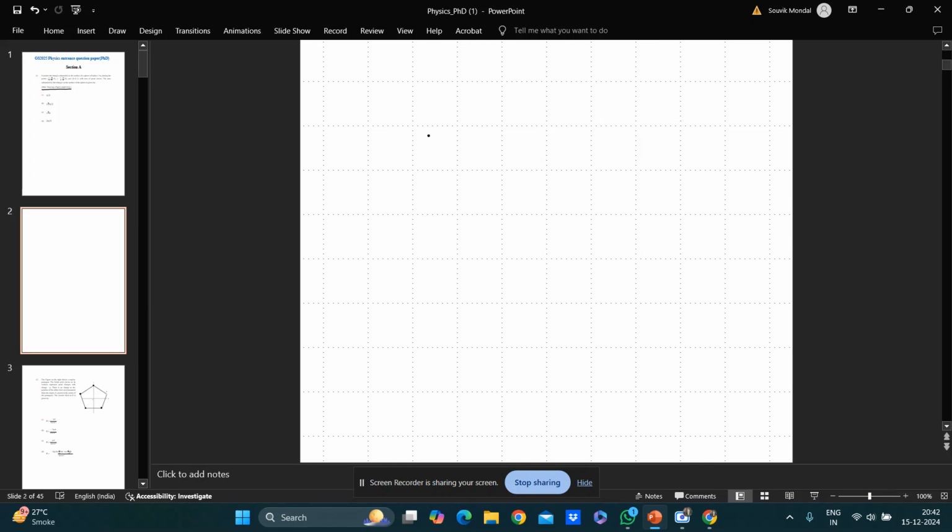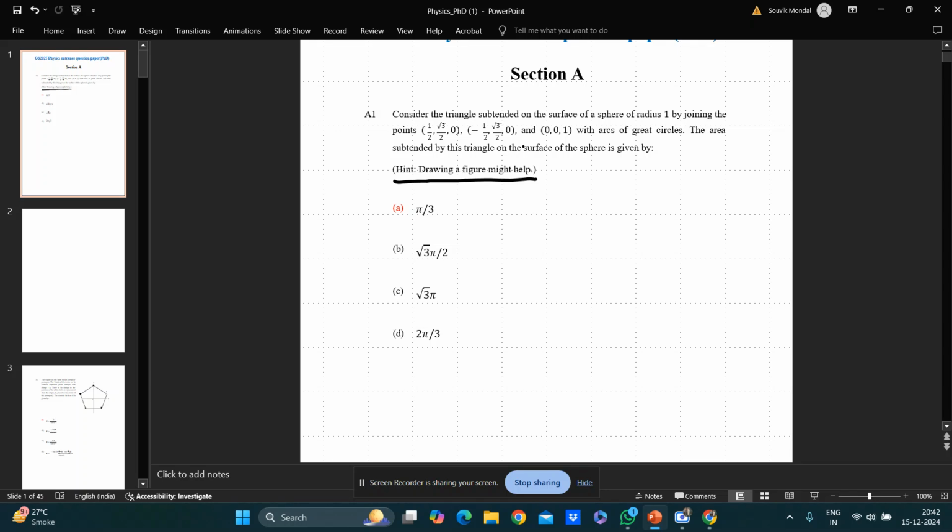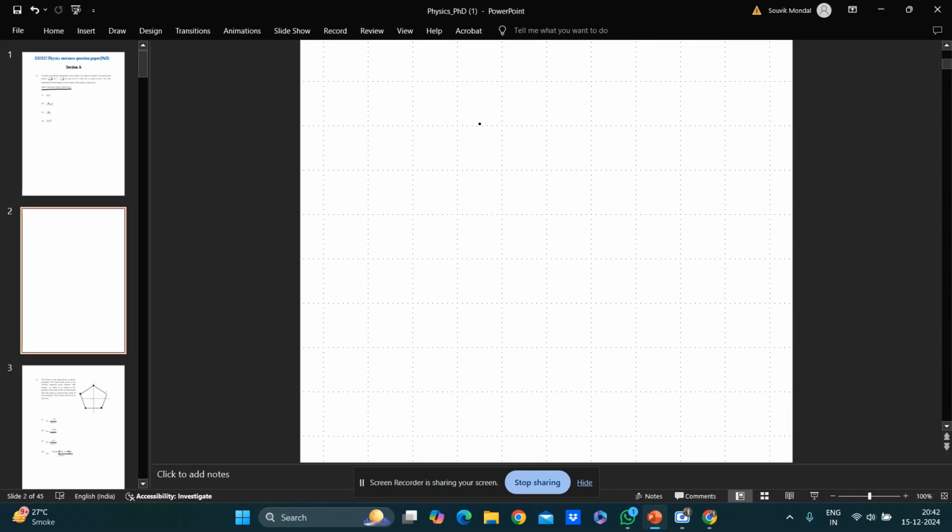Just a minute, let me look at the points. Yeah, 0, 0, 1. They are mentioning 3 points. This is the x-axis, this is the z-axis, this is the y-axis. Now, this is the x-axis, so it is half.